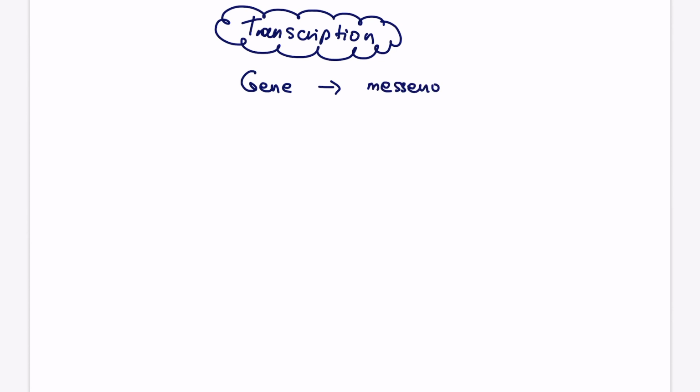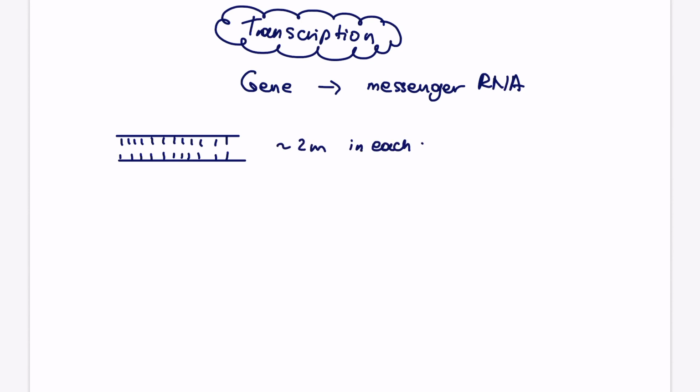And then you guys need to remember that transcription is the process of producing messenger RNA from a gene. Okay, it could be different RNAs as well, but for A-level, you just need to know about the transcription of messenger RNA. And as in my DNA replication video, I want you guys to draw a DNA fragment. Remember, it's going to be very long.